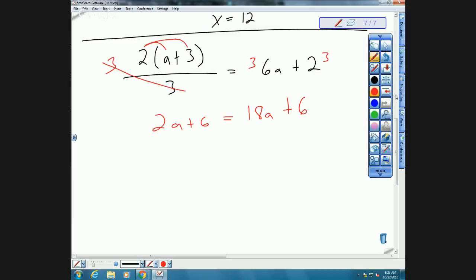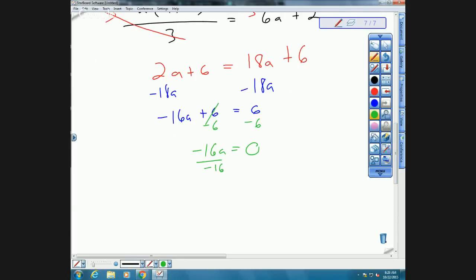So now what do you want to do? Minus 18. Subtract the 18a. So I get negative 16a plus 6 equals 6. Now when I subtract 6 from both sides, what do I get on the right side? 0. That is okay. 0 is a number.